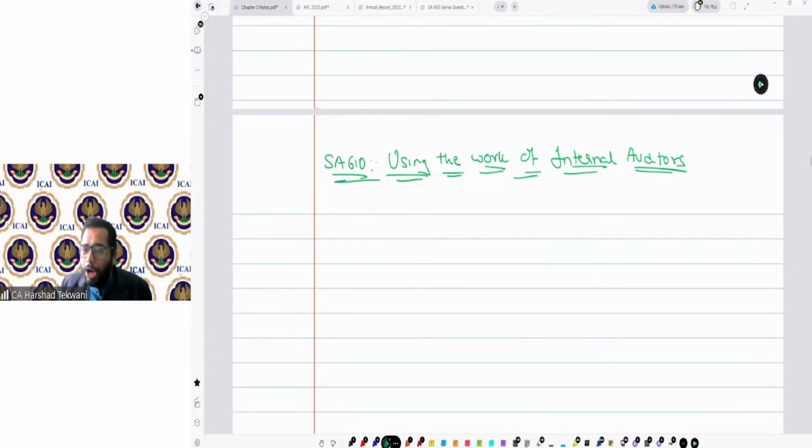Before I accept the proposal of using the work of the internal auditor, I need to understand what the internal audit function is doing in the organization. I need to gather some information about the internal audit function first, and only then can I say whether I can accept the proposal or not.